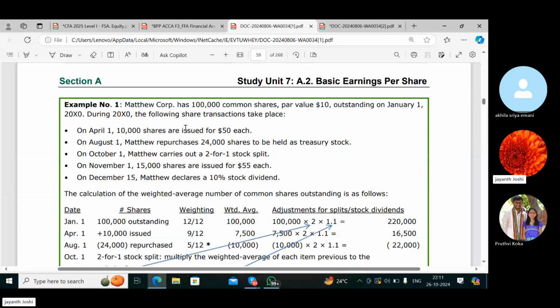Stock dividend December 15, applicable for everything. Okay, but split not after this. So once this event happens, whatever comes after will not be applicable, because retrospective effect should be given.